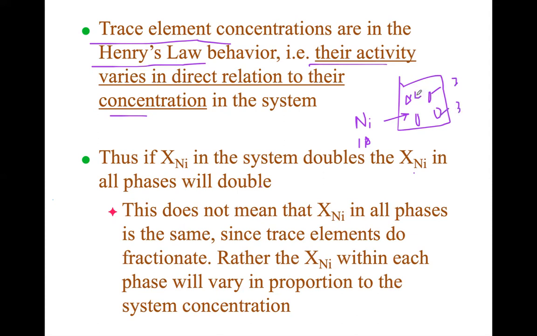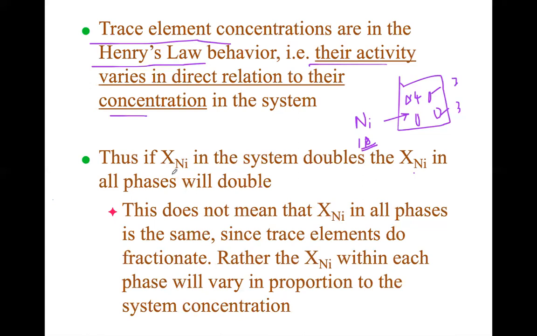We don't know that until you analyze it. The whole rock system contains 10 ppm nickel. So according to Henry's law behavior, if you make this system in equilibrium conditions, each and every phase's activity should be directly proportional to its concentration, right? According to Henry's law for a given trace element, right?